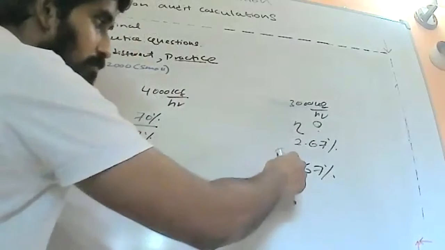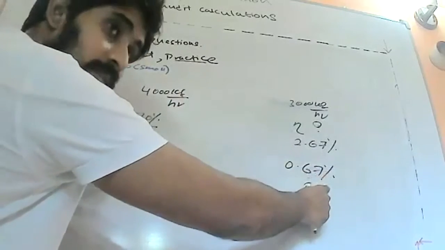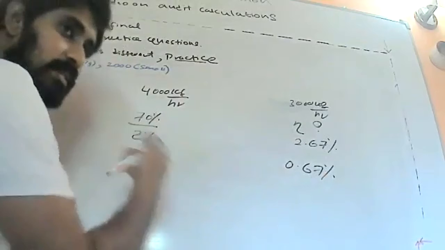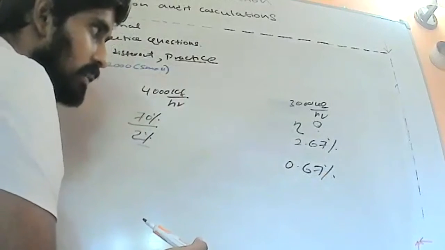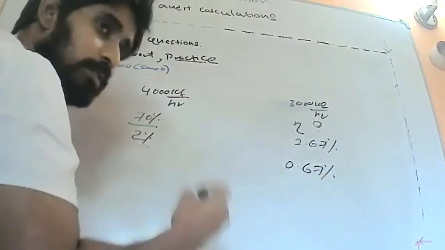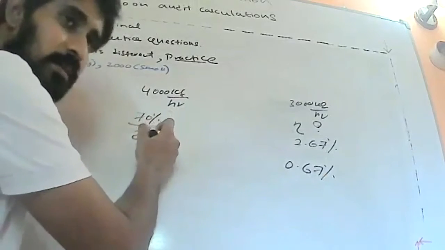So that means this further 0.67% is actually sacrificed by the boiler efficiency at the initial case. So that means this 0.67% should get reduced from this one. So that is how the scenario happens, right? So the one that is responsible for this is the boiler thermal efficiency.